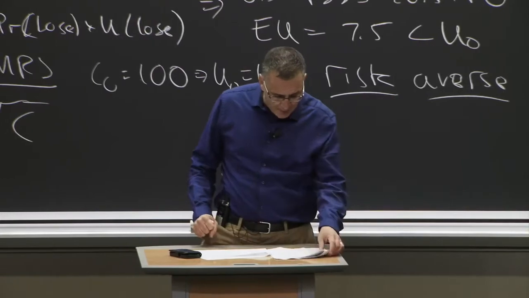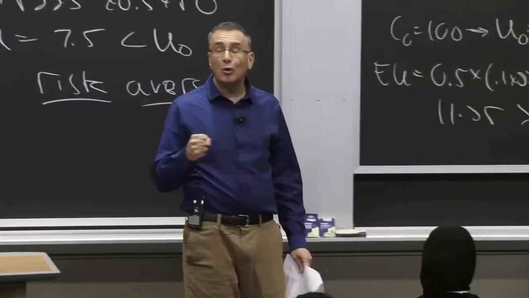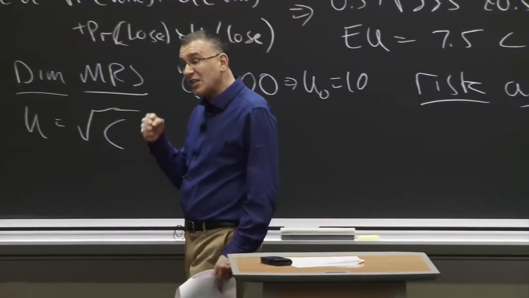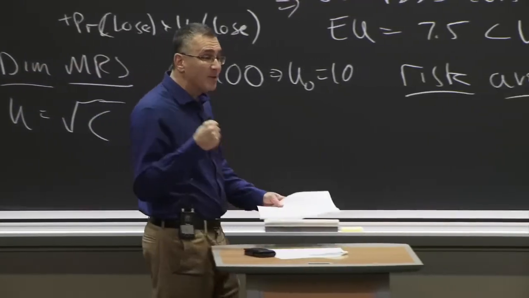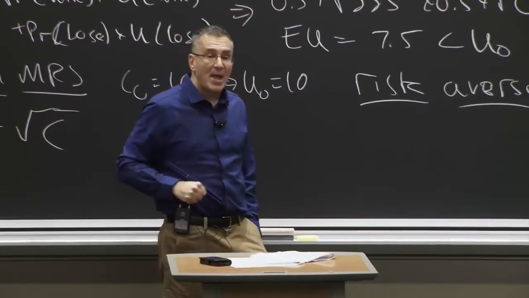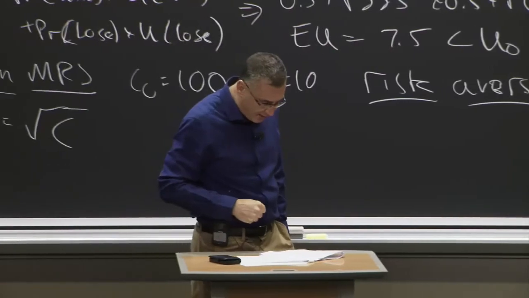For example, imagine I change the gamble to win 75, lose 100. I made an unfair bet. The expected value is negative. Well, this person will still take that bet. If you do the math, if they win 75, they get 175.